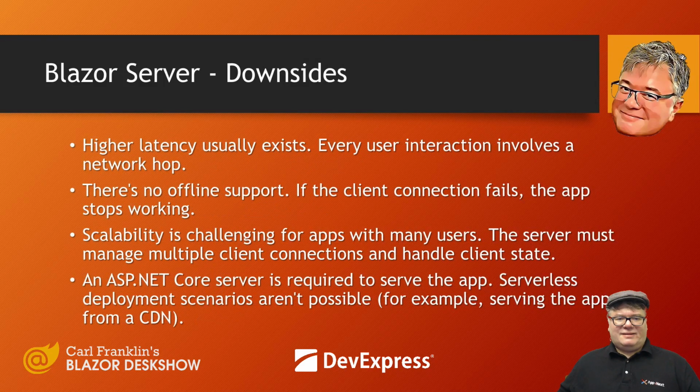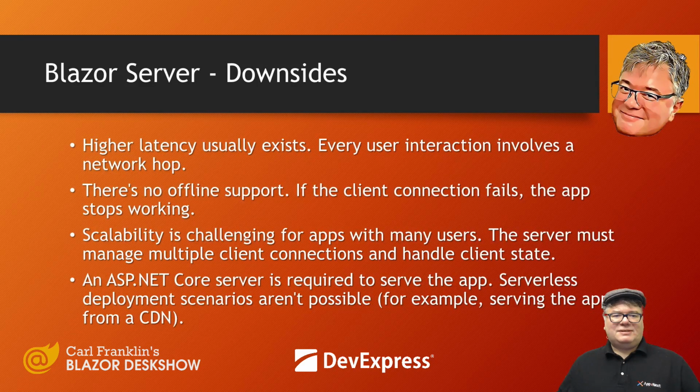On the downside, there's added latency because you have this extra network hop for SignalR for every UI interaction. Okay, you still have to go to the server to get your data, but it all stems from a UI interaction, a button click, a list box selected item, a checkbox. Those things kick off the process. There's no offline support.